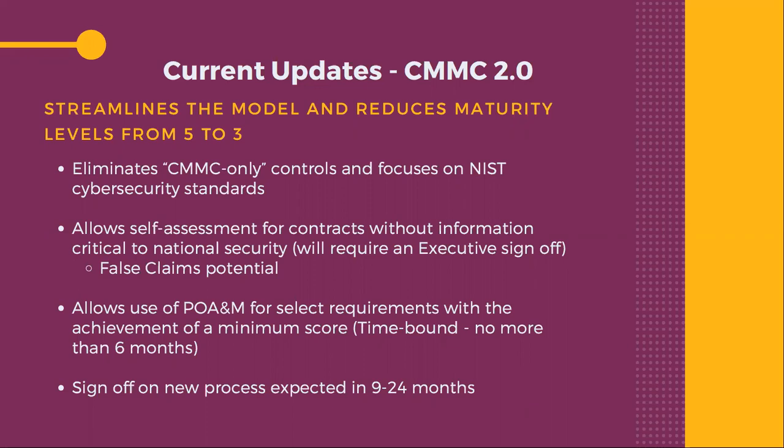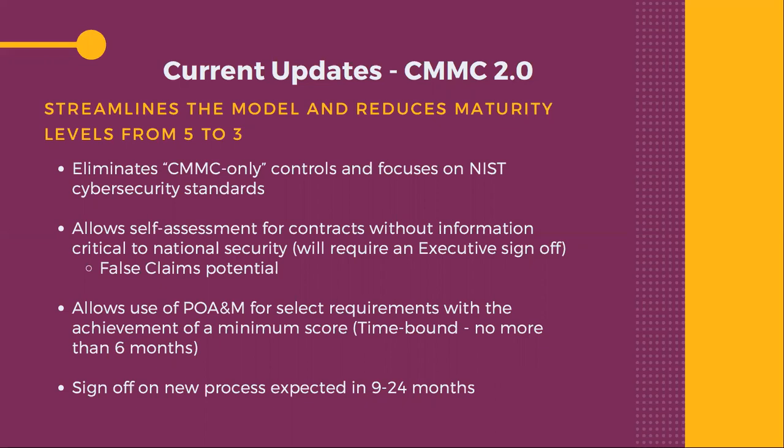That means that for some of you at a level 1, or those of you at a level 2 who are handling CUI data that they're not deeming to be critical, you will be able to do a self-assessment. However, they're going to add more teeth to that.